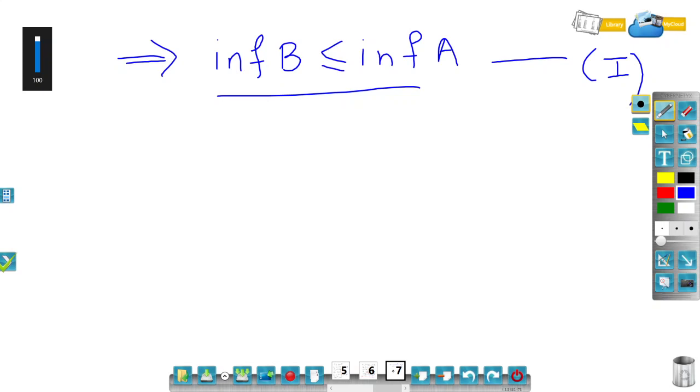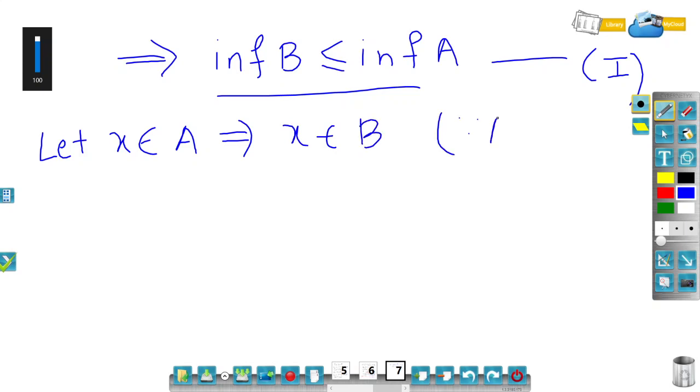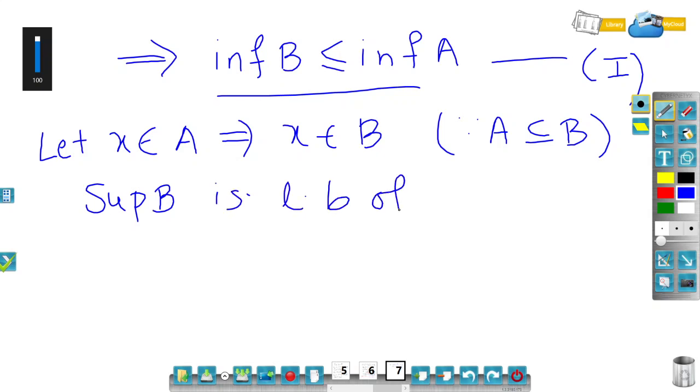So, let x belong to A again. That would imply x belongs to B. The reason is A is a subset of B. That would imply, but supremum of B is an upper bound of B. Why is it so?